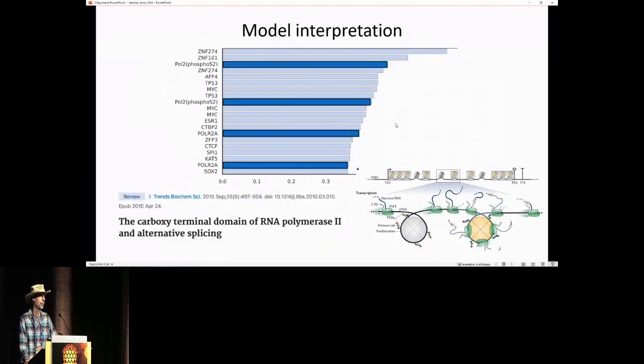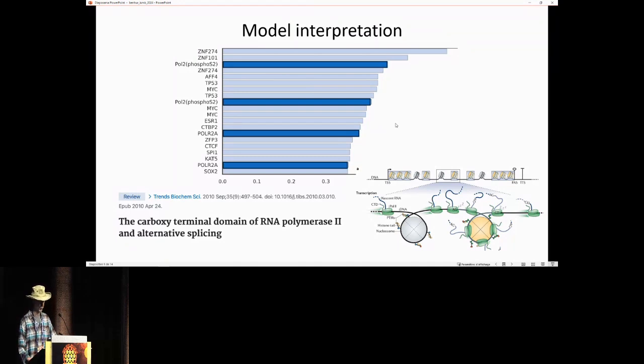So these are the top 20 weights from the logistic regression model. The first thing we see are targets related to RNA polymerase. And as we know, the rate of elongation of POL2 has an impact on splicing.